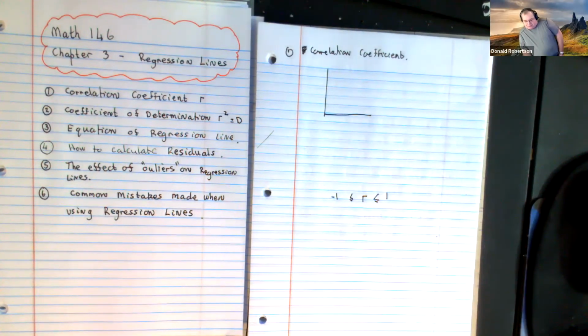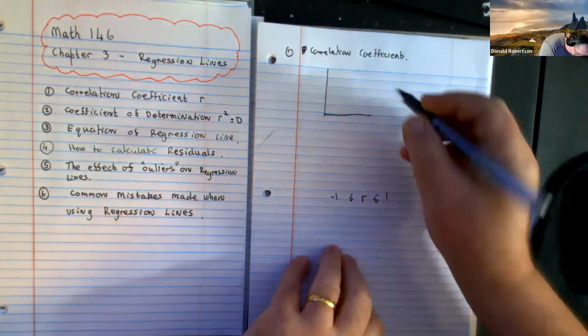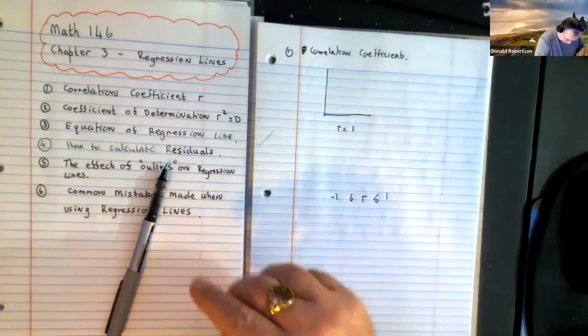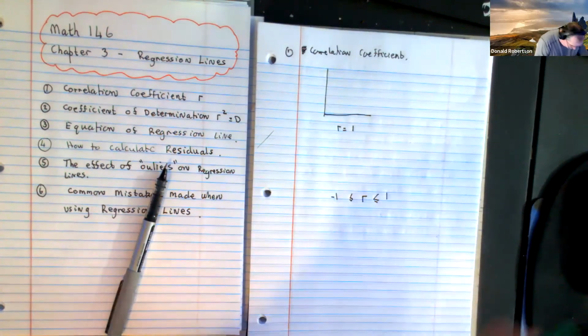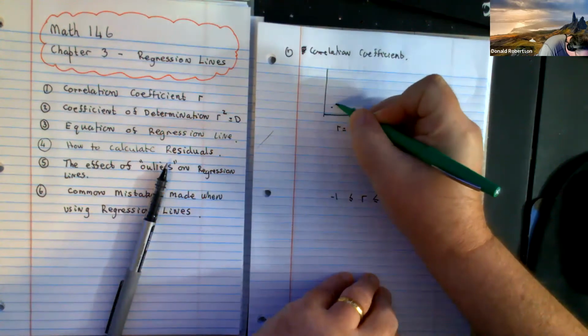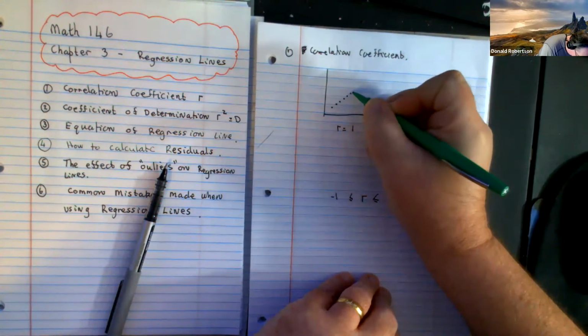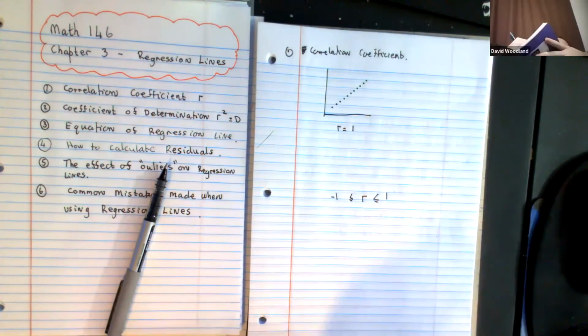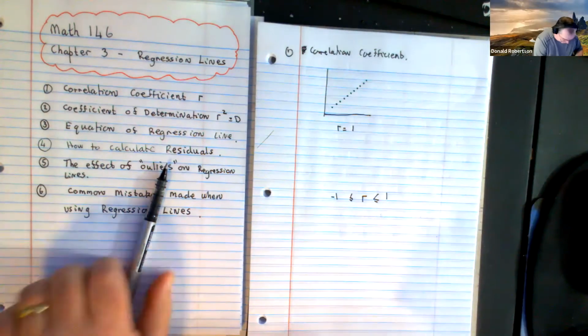It's never bigger than 1. It can never be less than -1. If you get a correlation coefficient equal to 1, which is highly unlikely, but I guess you could get it, your data is a perfect positive straight line. You couldn't get better than that.